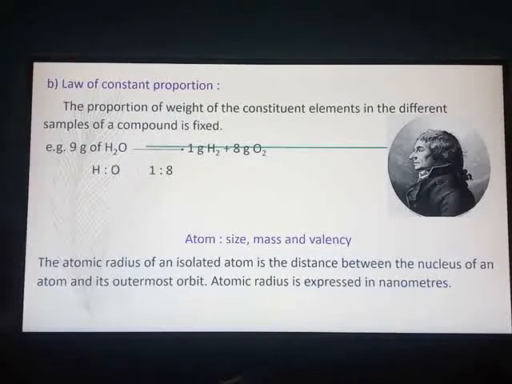So also you have learnt in the lower standards, that is in the 8th standard, that at the center of an atom there is the nucleus, and there are the moving electrons in the extranuclear part, means around the nucleus, whichever orbits are there, these electrons are moving in the specific orbits around the nucleus.